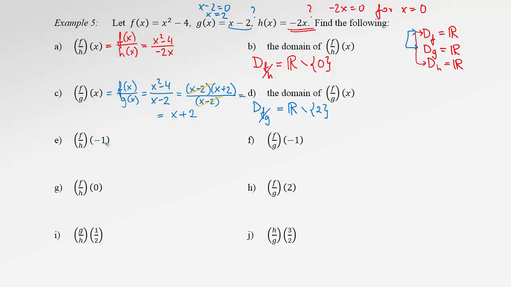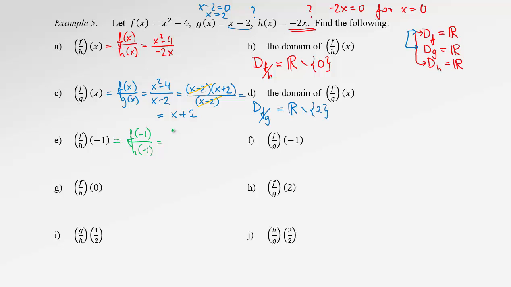Will we have a function, or will we have a single value? Well, since this function is evaluated at a specific point, the result of this expression is actually a single value. It will be f of -1 over h of -1, which means we need to follow the f function.